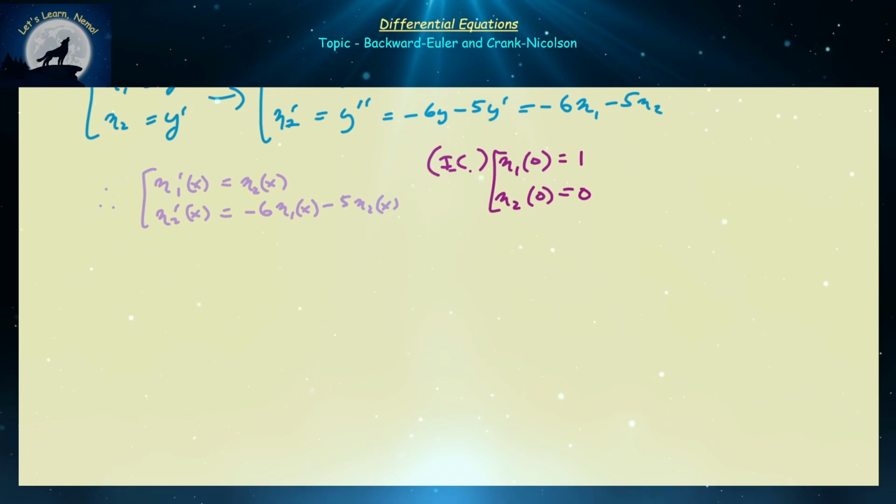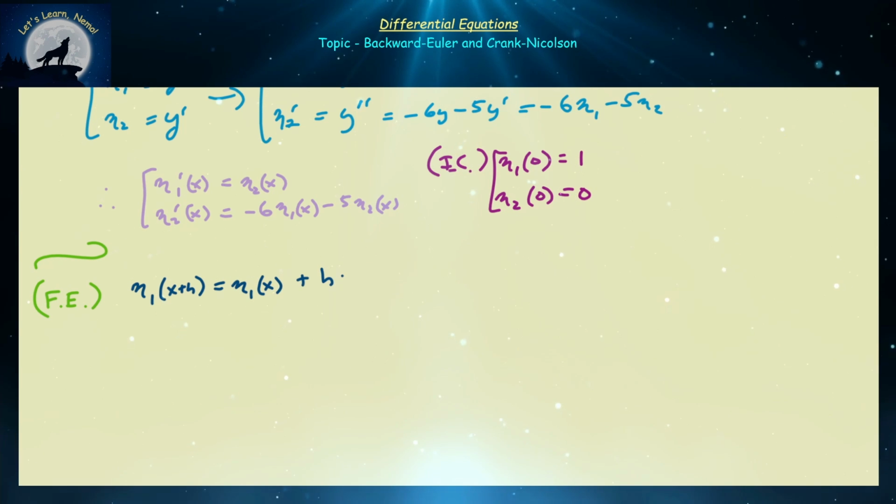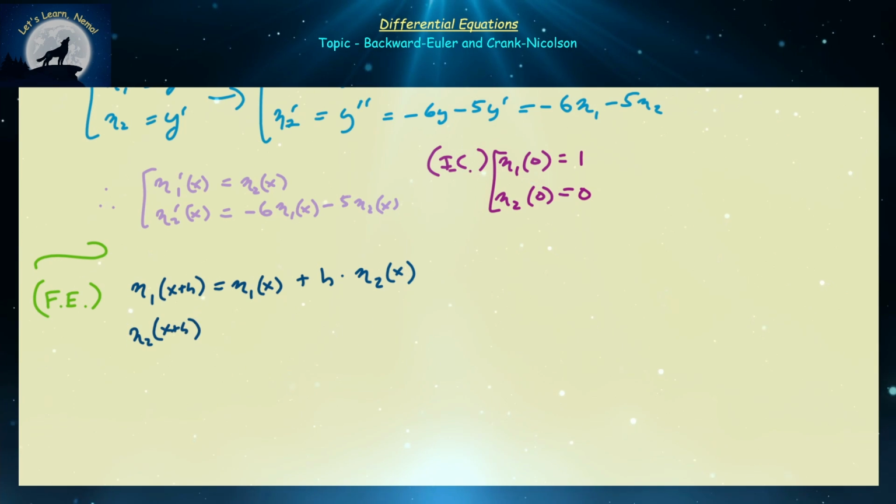So what would our Forward Euler method look like? We're going to approximate eta1 prime and eta2 prime with forward Euler methods. So once we do that, what are we going to have? That's going to be eta1 of x plus h will be equal to eta1 of x plus h times eta2 of x, right? And then eta2 of x plus h will be equal to eta2 of x plus h times, and since I have two negative signs, I'm just going to factor out my minus sign to make it a little bit nicer to look at.